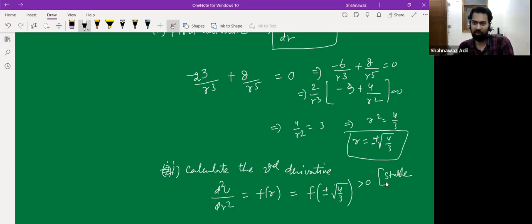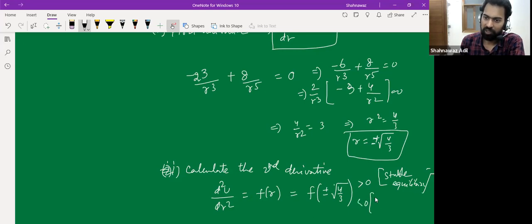I'm just telling you guys because I have to cover a lot today. So you calculate and see whatever the value of this second derivative comes, and if at the critical points it is greater than 0, that will be stable equilibrium. And if this is less than 0, that would be unstable equilibrium. Right, guys?